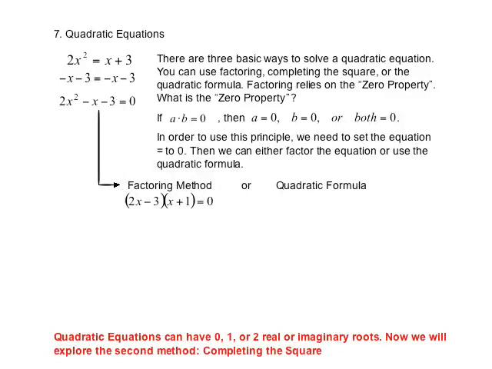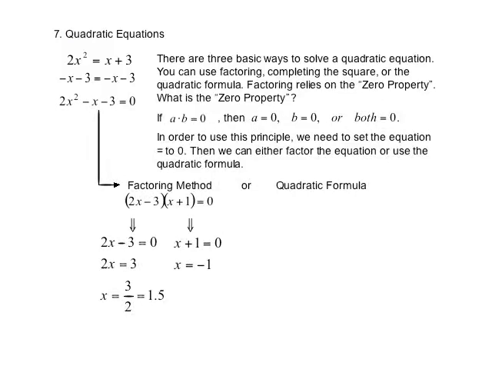So we first are able to factor 2x squared minus x minus 3 equals 0 into 2x minus 3 times the quantity x plus 1 equals 0. Now what does the zero property tell us? That 2x minus 3 equals 0 would be a solution, or x plus 1 equals 0, or they're both equal to 0.